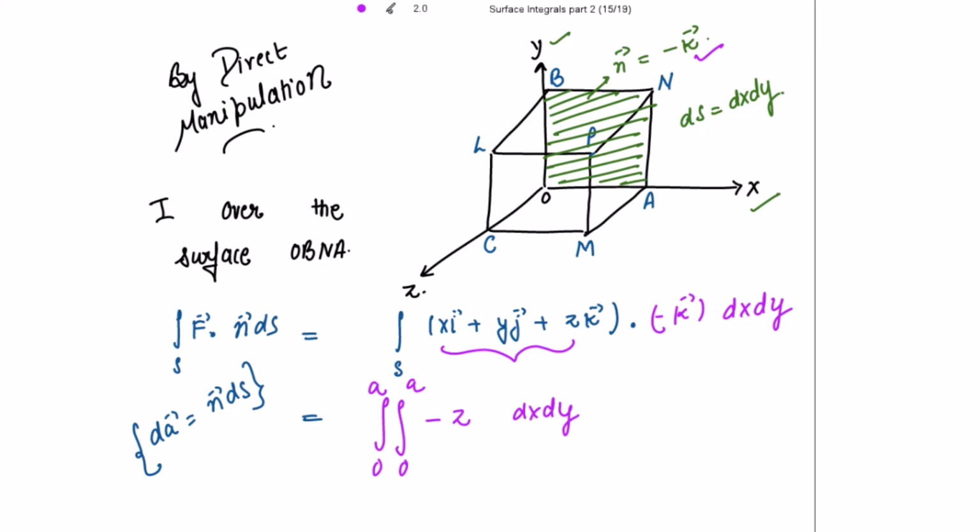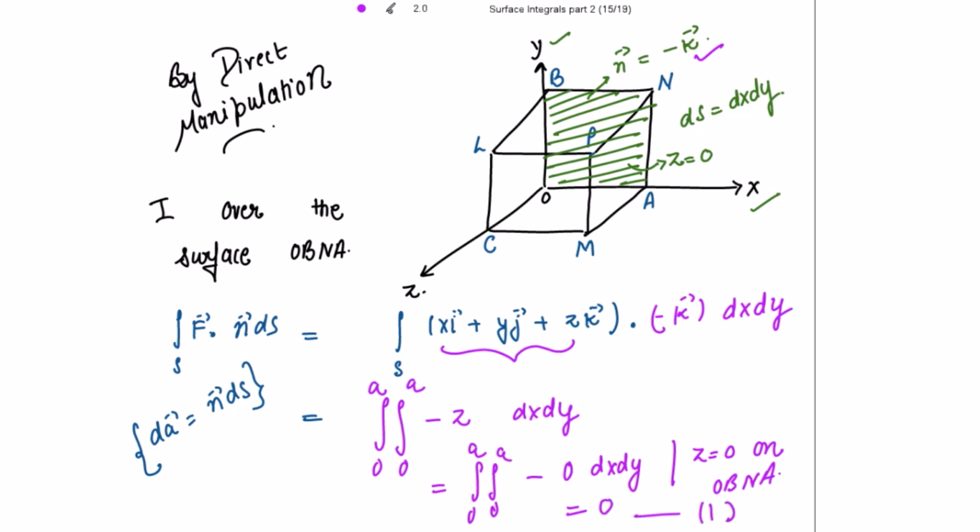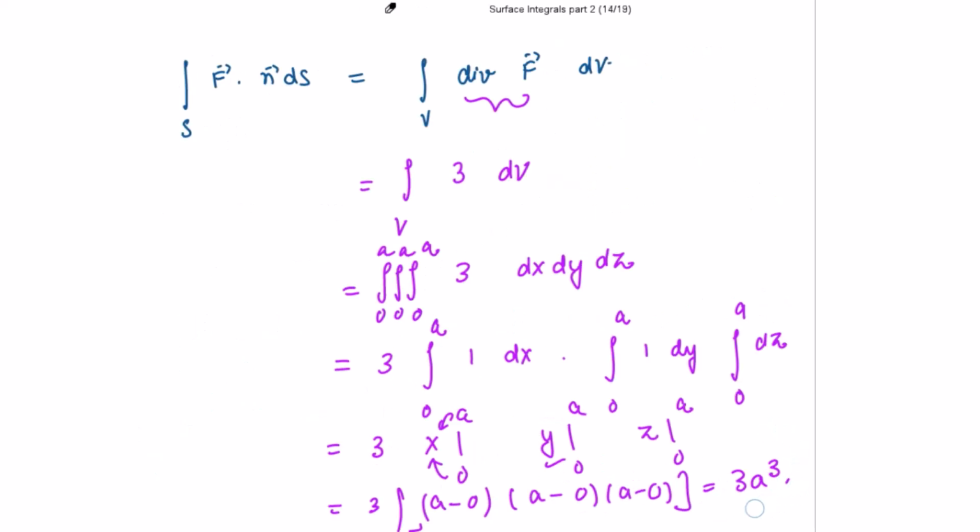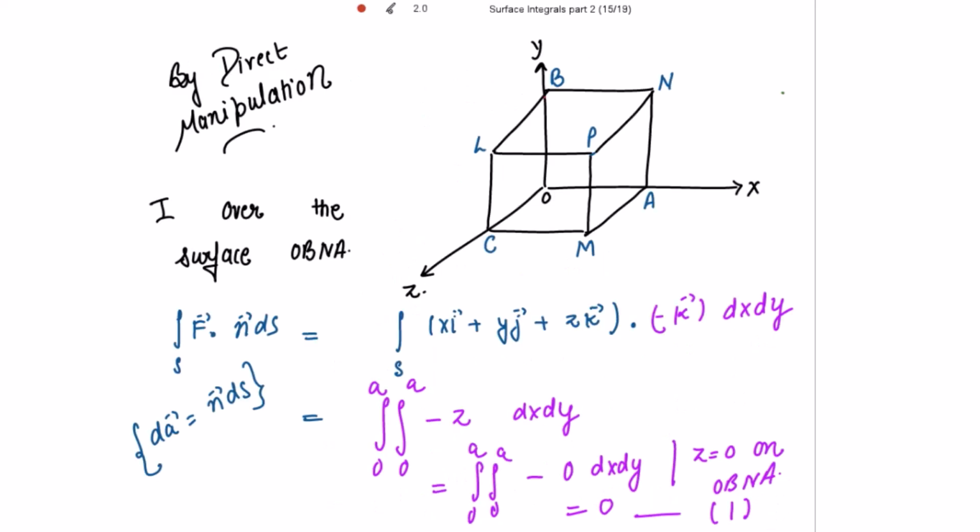On this surface O, B and A, z is 0, so this is the double integral of minus 0 dx dy, as z equals 0 on O, B and A. This integral comes out to be 0. Please mark this as 1, and let me mark this with a star. And then let's evaluate the integral over this surface.